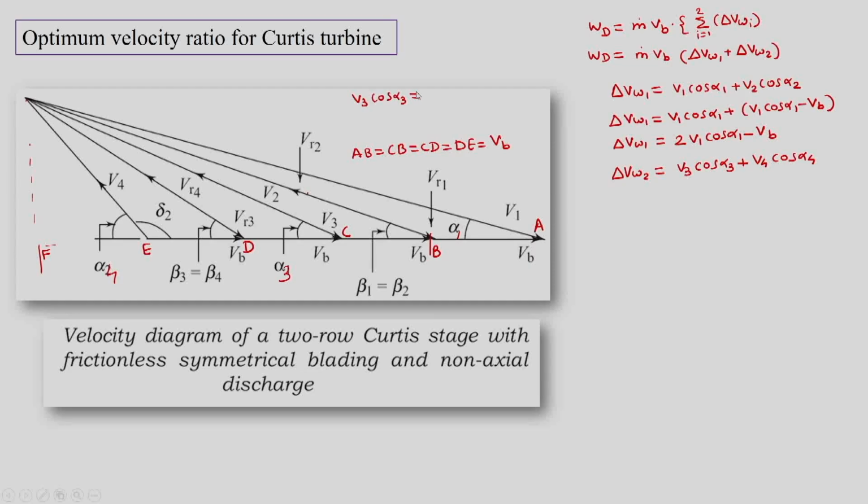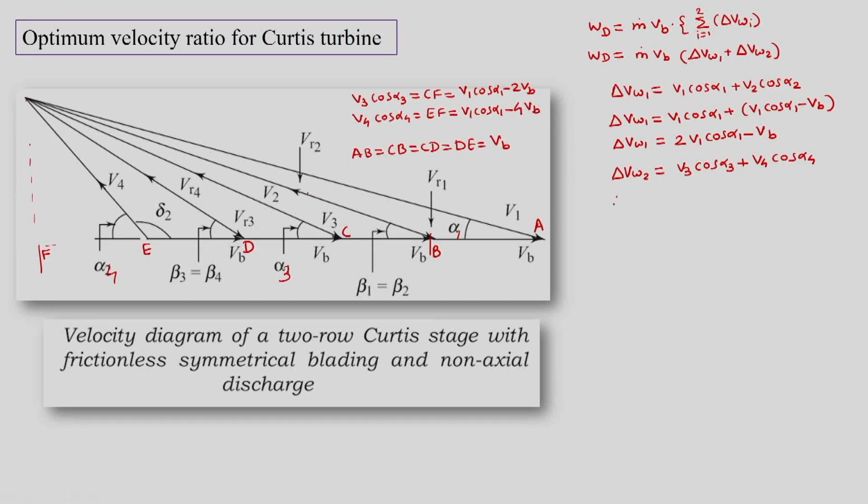V3 cos alpha 3 is equal to CF, and it is equal to V1 cos alpha 1 minus twice Vb, and V4 cos alpha 4 is basically EF, and EF is equal to V1 cos alpha 1 minus 4 Vb.